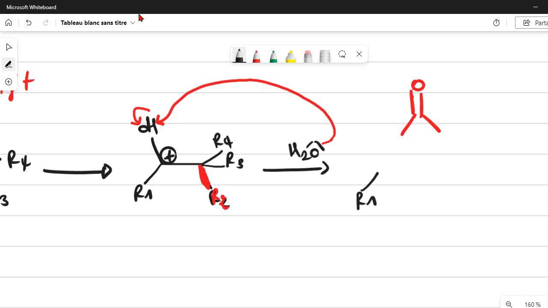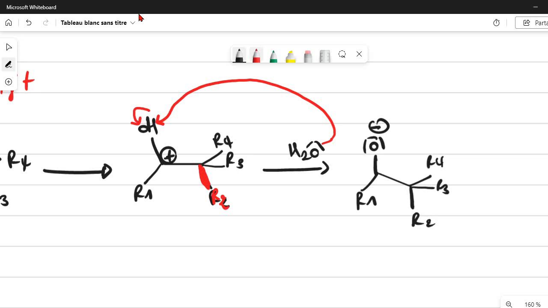So R1, let me erase this one. We form O minus, and we still have R3 and R4. Here we still have the positive charge on this carbon, so I'm going to draw it again.